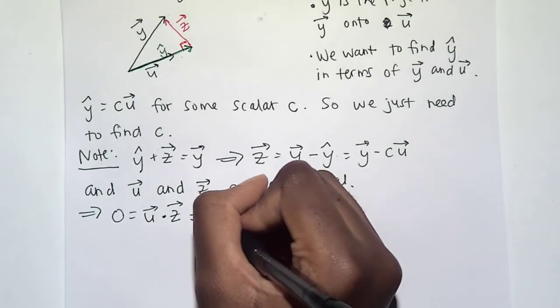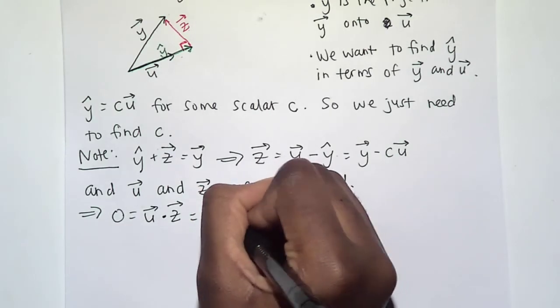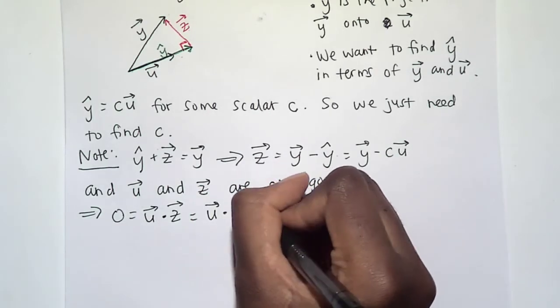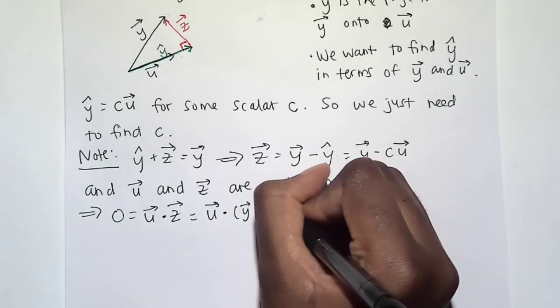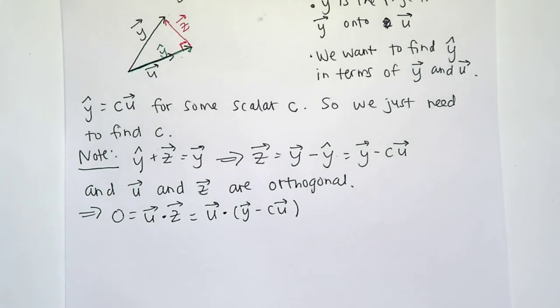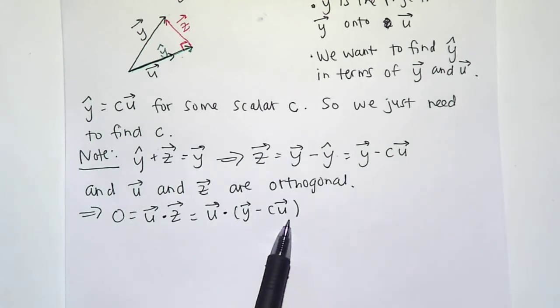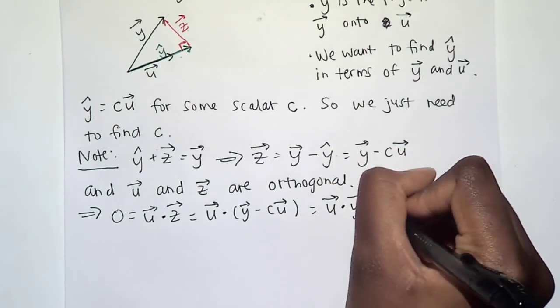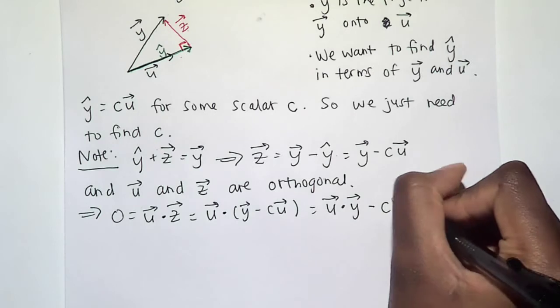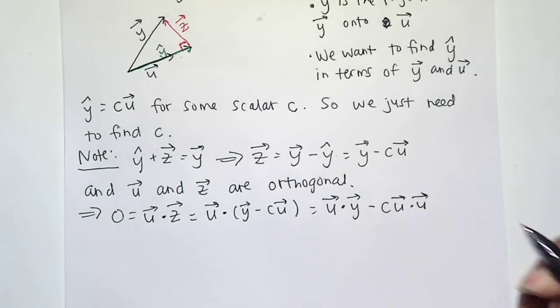So 0 also equals u dot product with y minus cu. So let's actually do this dot product. So I'm going to distribute: u dot y minus cu dot u.